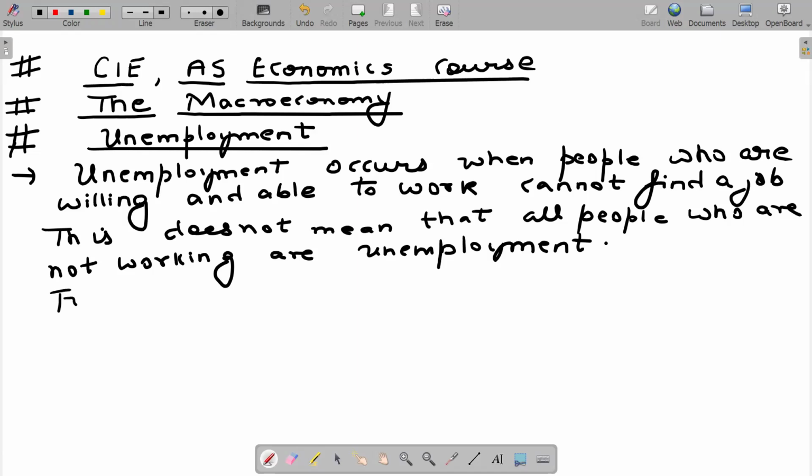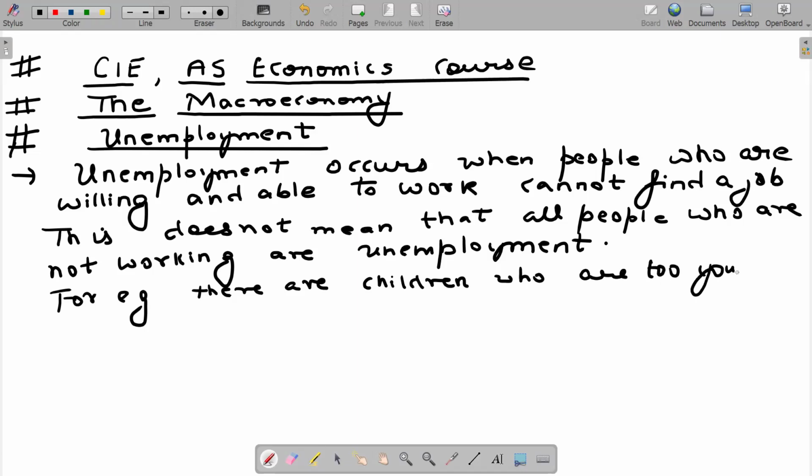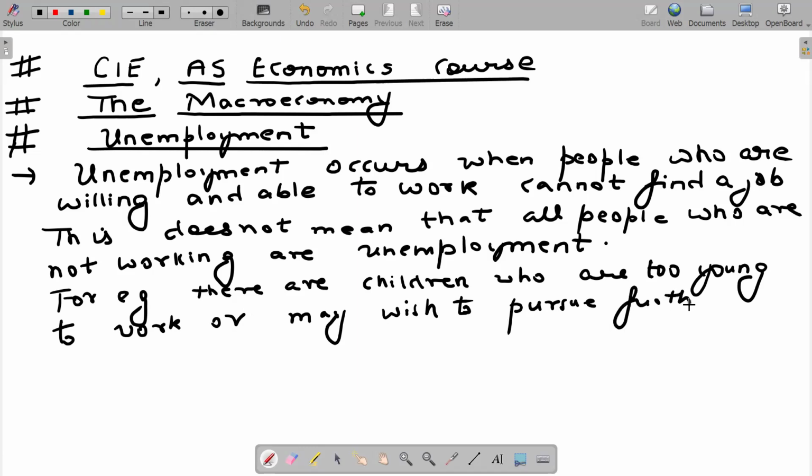I can further write, for example, there are children who are too young to work or may wish to pursue further studies, and some adults retire.